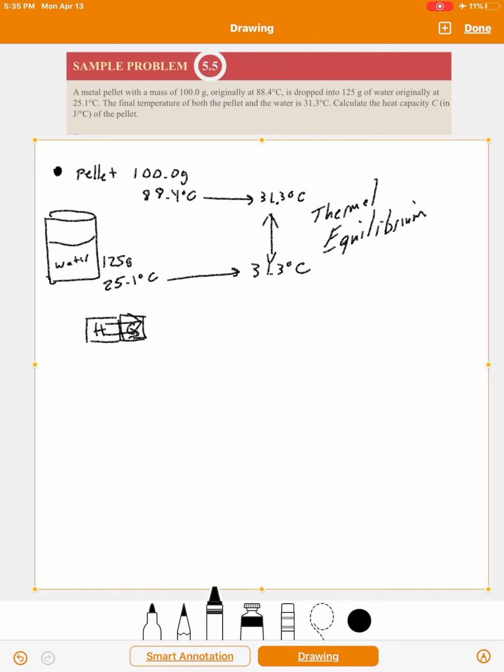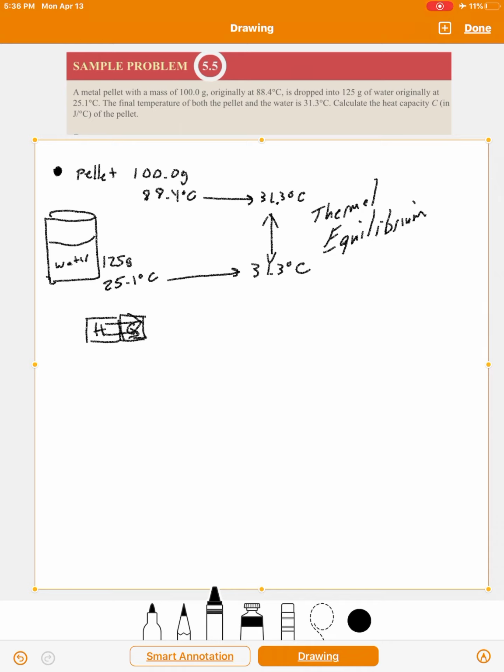The pellet is transferring heat to the water, so the water gets hotter. Okay? So what I'm going to do is say the following. We cannot create energy. Get it out of your mind that you can create energy. So no matter what happens, the change in energy has got to be zero because we cannot create nor can we destroy energy. So whatever we do, it's going to add up to zero.